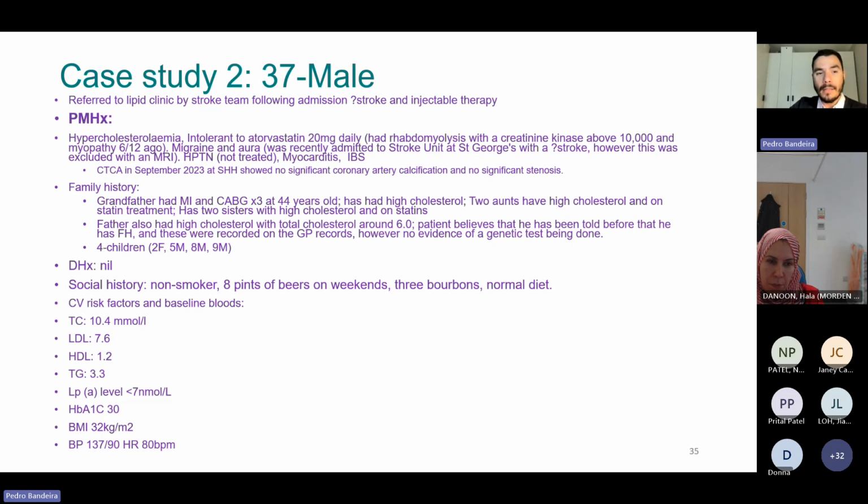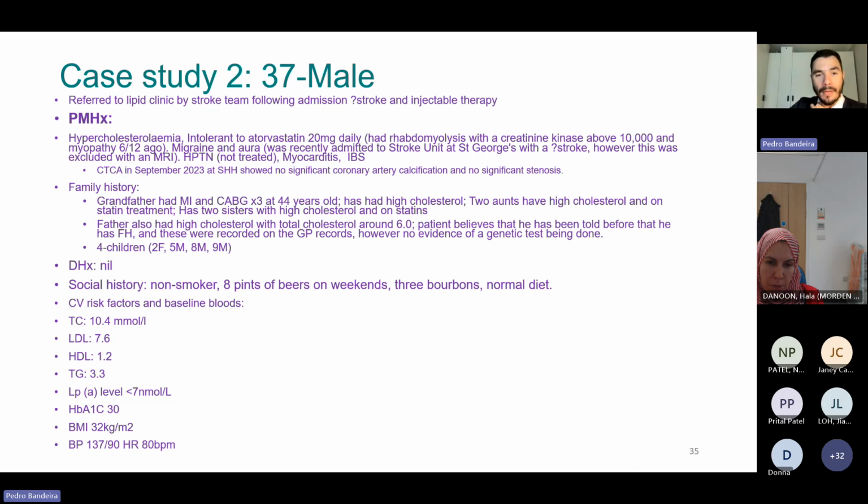A CTCA from September showed no significant coronary artery calcification or stenosis. I've taken a comparative family history from him. He's got quite a lot of family members with previous MI and bypass graft surgery at an early age, less than 50.